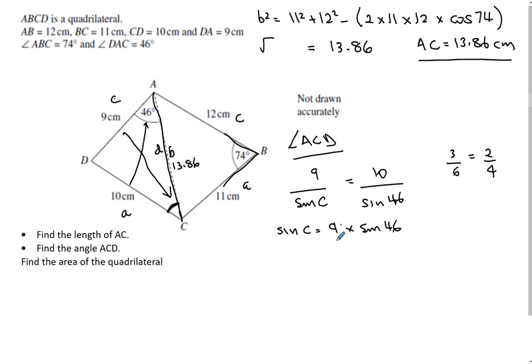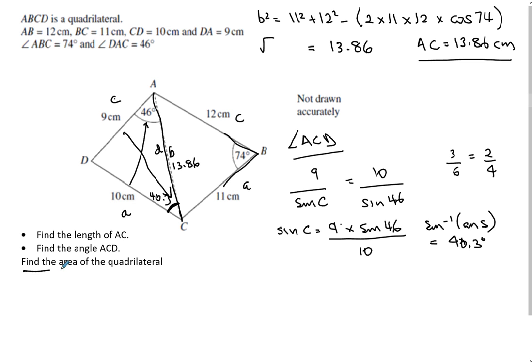Now it really happens automatically. If you do something wrong, it'll just jump out at you. Then we go sine minus 1 of the answer, and you get 40.3 degrees. Anytime you get an answer, put it on the diagram because chances are you'll need it for the next step.